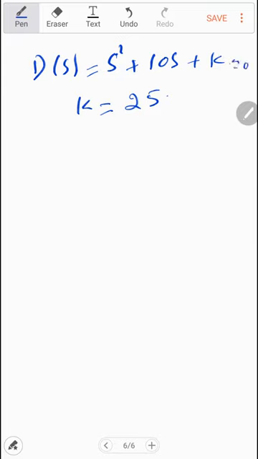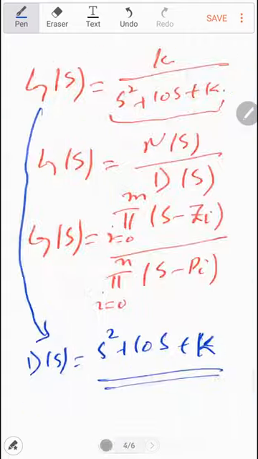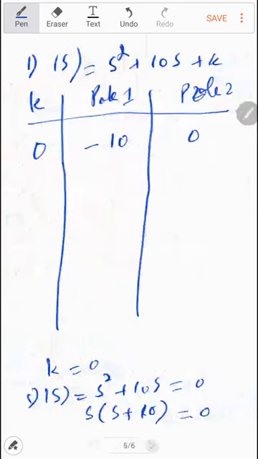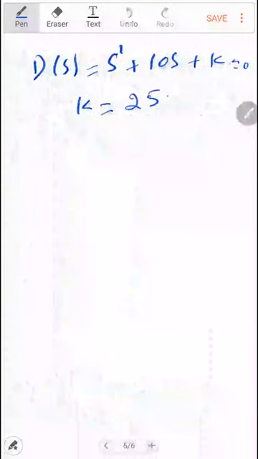To find the poles, this should be equal to 0, because when the denominator polynomial becomes equal to 0, the numerator divided by 0 gives infinity. Those values for which the transfer function becomes infinity are the poles. That is why we are making it equal to 0.